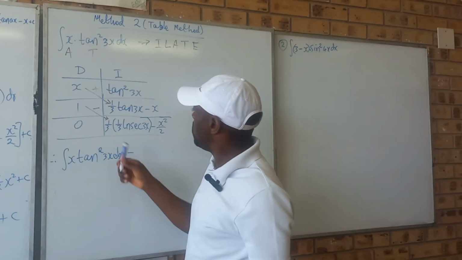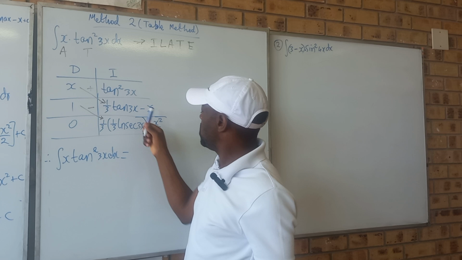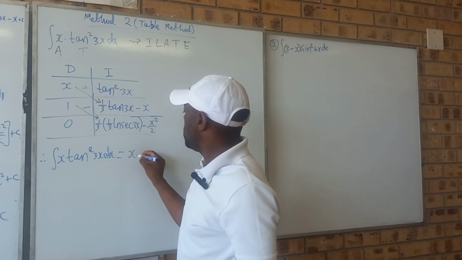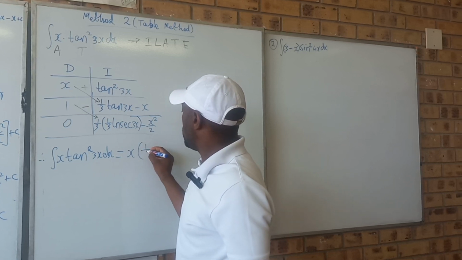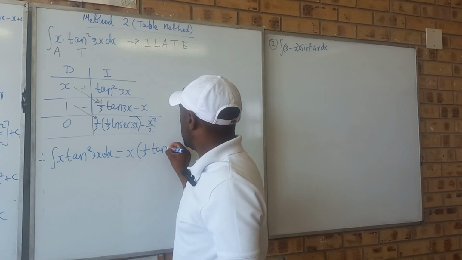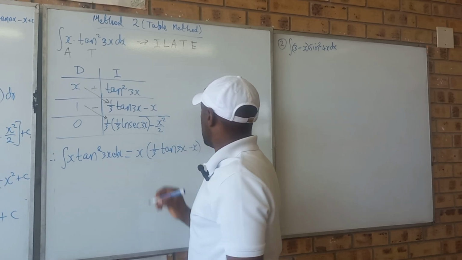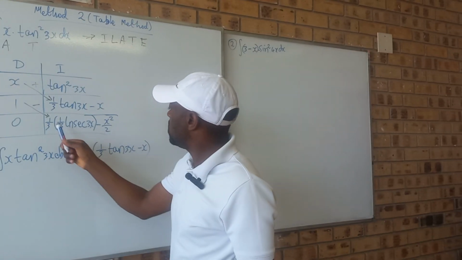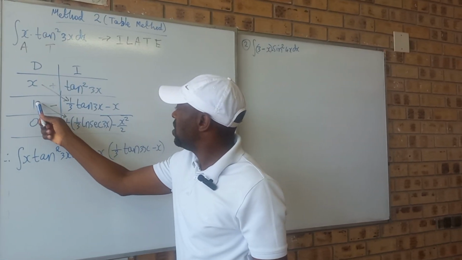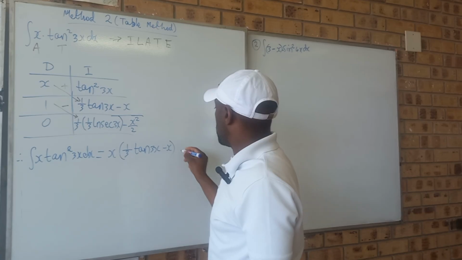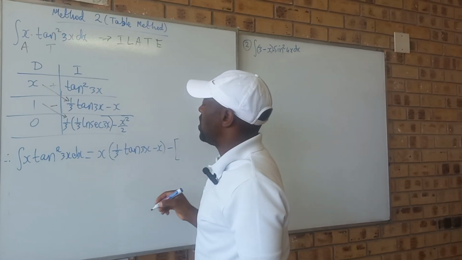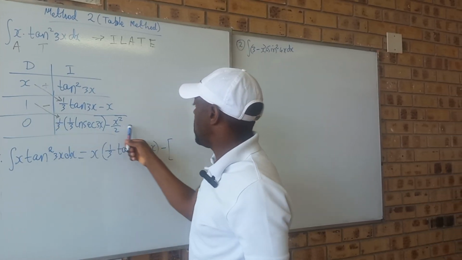Our first term means we are multiplying this to this, so we've got x multiplying 1/3 tan 3x minus x. That's our first term. Then the second term should be negative, because the second arrow carries a negative sign. I will put that in a bracket, then I have 1 multiplying all of that.